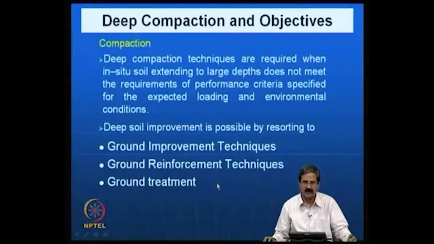Then ground reinforcement techniques are also possible, where you have micro piles, use of geosynthetics, and even stone columns, many things that use the reinforcement function as the main criterion for improvement of deep compaction. We classify them under ground reinforcement techniques. And then one can also treat the ground using a variety of treatment methods, which can range from lime treatment to any of the modifiers one can use.